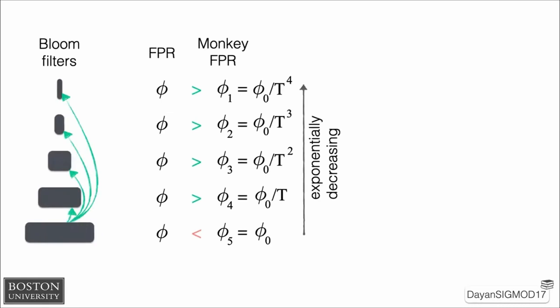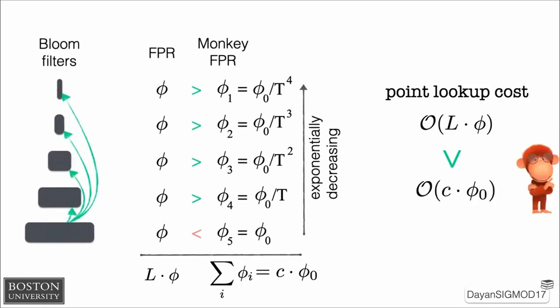And if we do the math, we see that this does not have the logarithmic factor of the number of levels in the cost anymore. So we are saving the whole logarithmic factor from the cost, and the benefits will be even bigger as the data size increases.